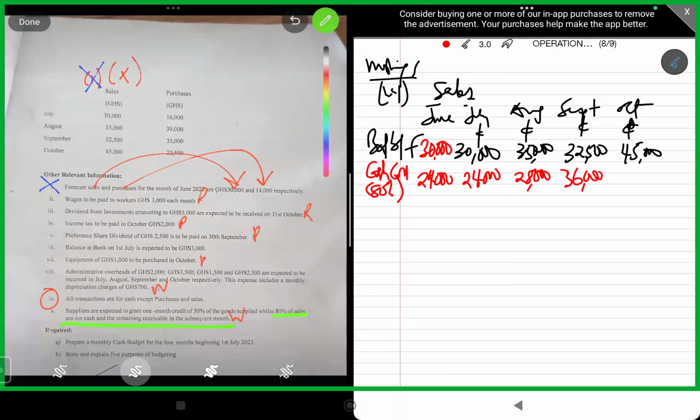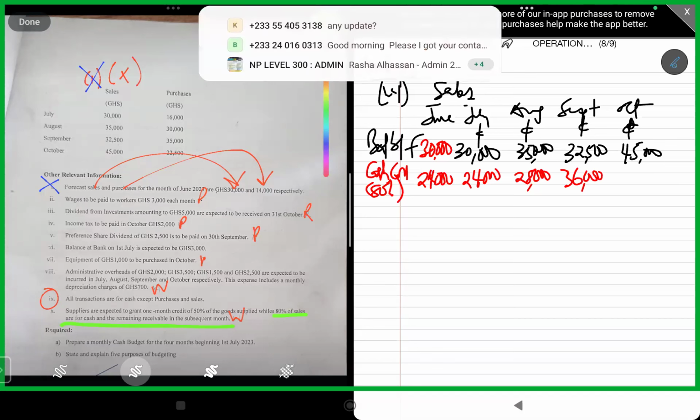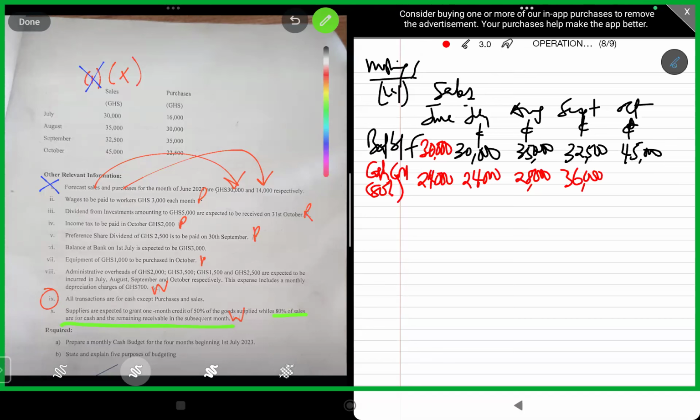October. October is 45,000. It's giving me 36,000. Wait, then September is wrong. Let me check September. September is 32,500. It's supposed to be 26,000, not 36,000.